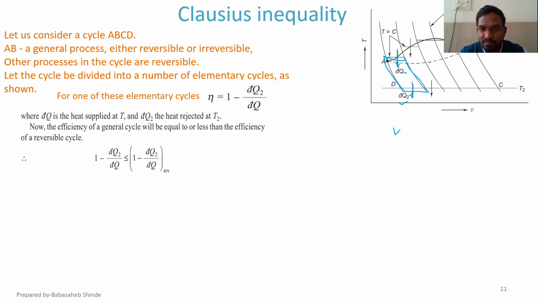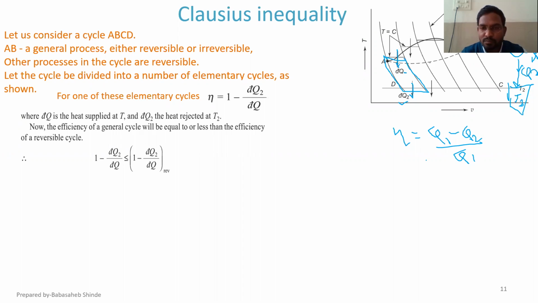We know the efficiency relation: if there is an engine taking heat Q1 from a source at temperature T1, producing some work and rejecting some heat Q2 to a sink at temperature T2, then efficiency is Q1 minus Q2 by Q1, right?